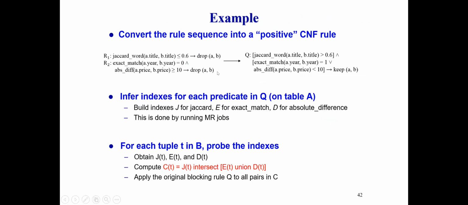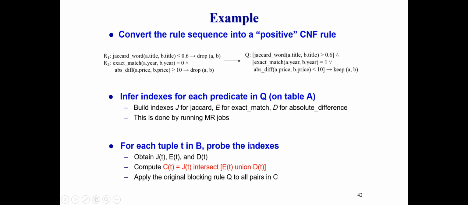So basically, that's what I showed out here. At the high level, we take the rule sequence and convert it into a positive CNF rule, looking like this. For every single predicate in the rule, we try to infer indexes, and then we build them. We do this using Hadoop, and recently we use Spark. Then for every single tuple in table B, we probe the index.